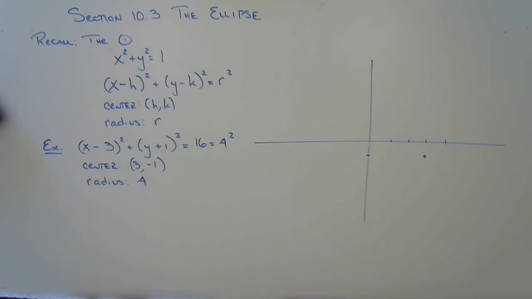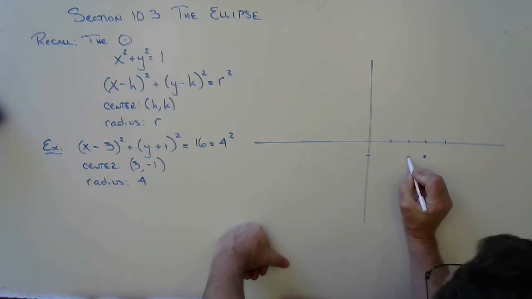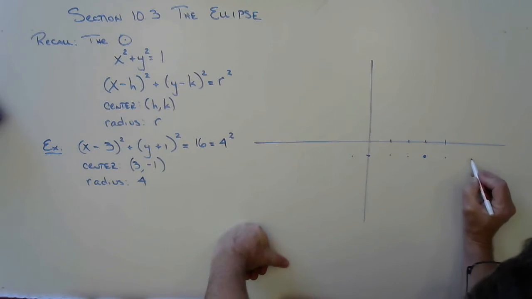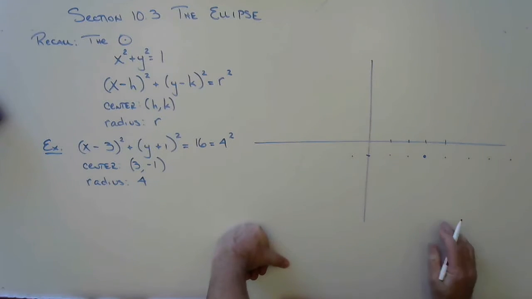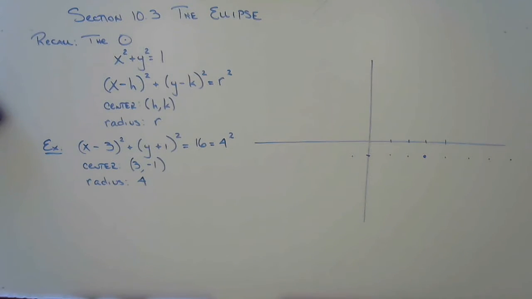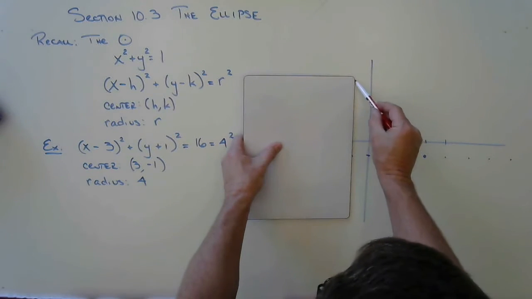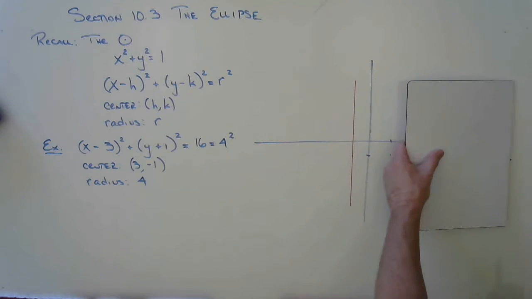So what did we say to do back in chapter 1 of our book where we learned this? We said, if we start at the center of our circle and we build a box 4 units each way, so we went 1, 2, 3, 4 this way, 1, 2, 3, 4 this way, and we built a box. We'll just use this as our straight edge. So we drew a line like this, and a line over here.